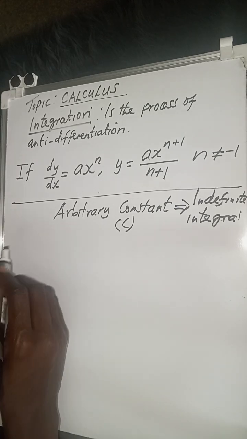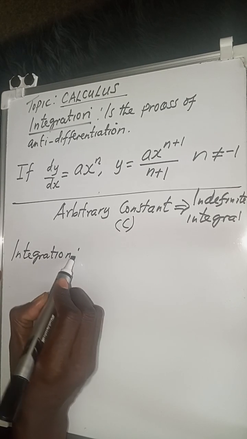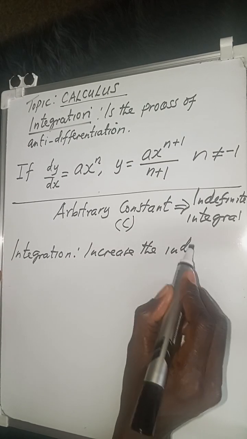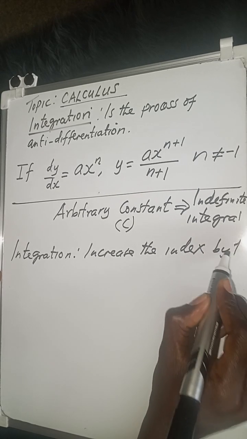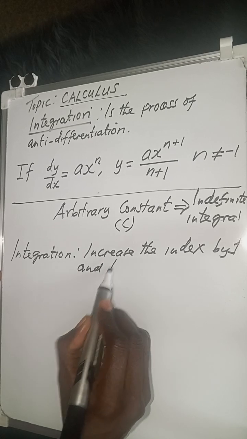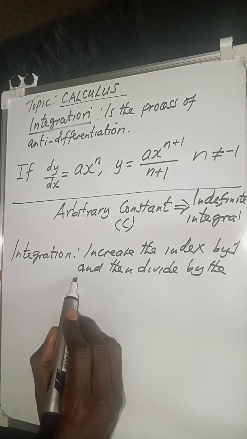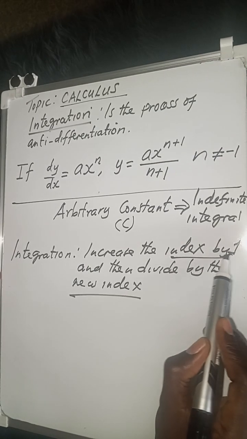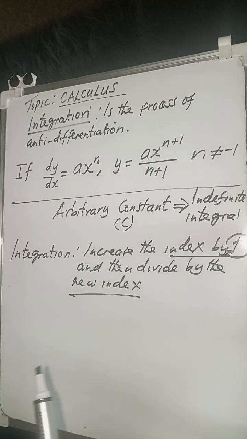So just to remind you, so far we have said, when you are integrating, you simply increase the index or the power by 1 and then divide by the new index or the new power. Under differentiation, you decrease the index by 1. So that is the concept. But remember, you need to be including the arbitrary constant.